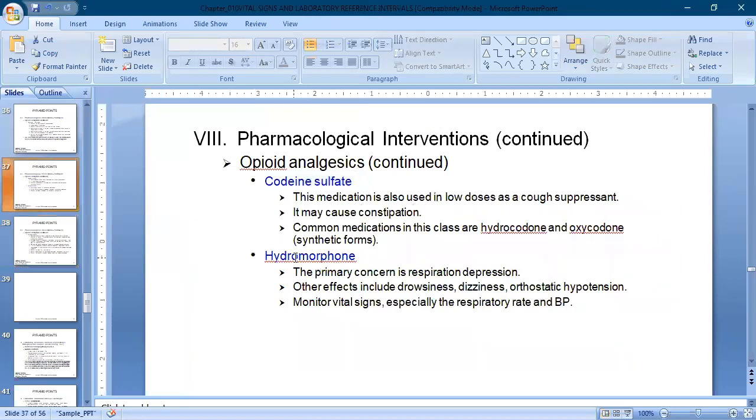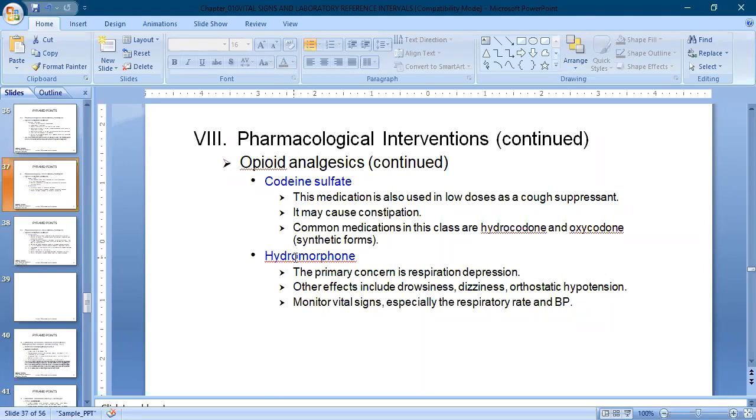So, basic talk about codeine. This medication is also used in low doses as a cough suppressant. If anybody takes codeine as a cough suppressant, you can see they sleep a lot because sedation is a side effect.